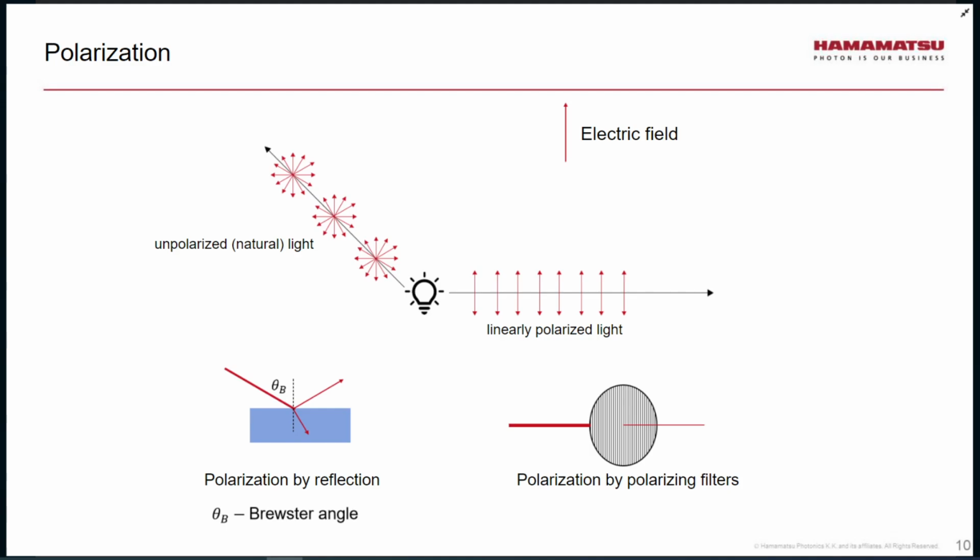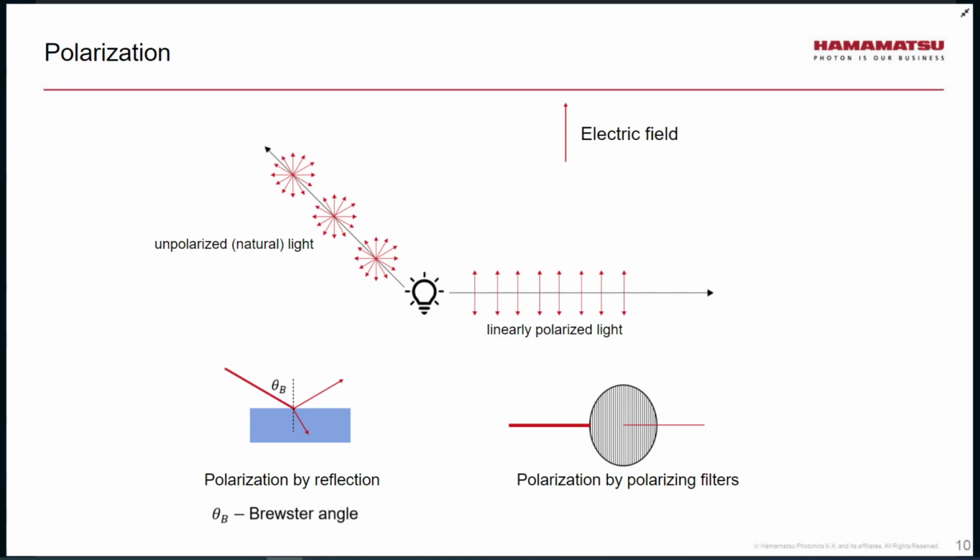Let's now discuss another property of light that is commonly of great use in practical situations, and that is polarization. So polarization refers to effectively direction of the electric field as the wave propagates. On this slide we see 2 extremes. One is unpolarized light.